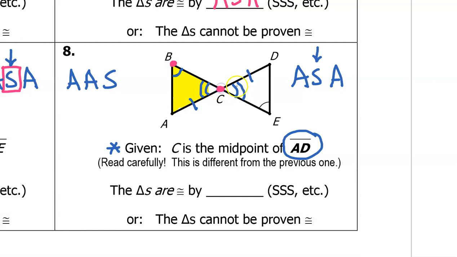Here is the other angle. If I connect those vertices, this is the side that is between the two angles. Is that the side that's marked congruent? No. The congruent side is way over here. It is not between the two angles. So that makes this angle, angle, side, because the side is not between the two angles. So the triangles are congruent by angle, angle, side.